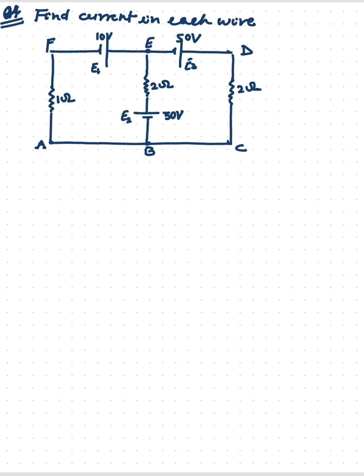Okay, and I suppose the current I1 is flowing from here. Okay, and at this junction it is dividing. This is I2 and this is I3. I simply assume.